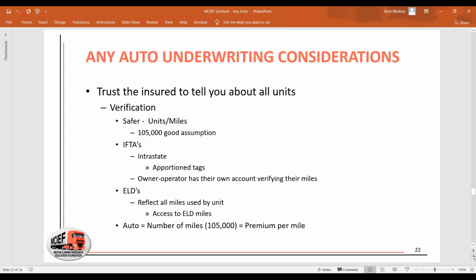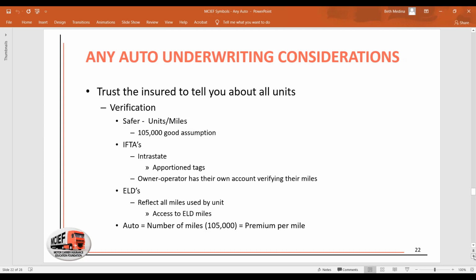If they buy fuel in a state that has a low tax like South Carolina versus a state with a higher tax like Georgia, there could be an additional amount due under the IFTA report. If it's the owner-operator that owes that, how are you going to collect it from the owner-operator if those miles are reported under the motor carrier's IFTA report? So a lot of times the motor carriers protect themselves from the debt that could be an obligation because the owner-operator doesn't buy fuel correctly. They say, okay, owner-operator, you have your own IFTA account. And then we have a problem as an underwriter getting that information.